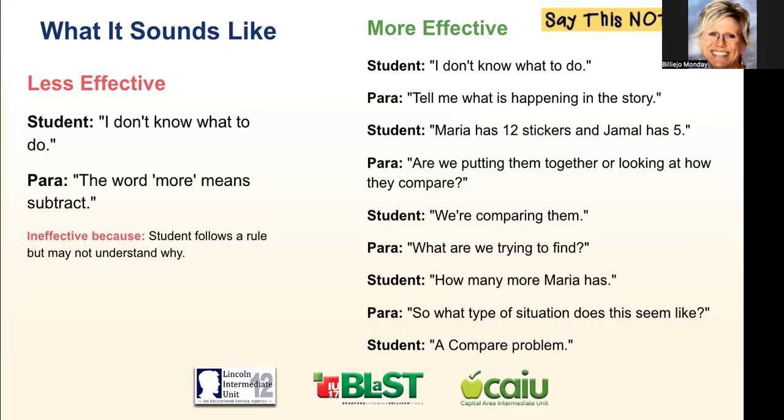And students can reply with, "We're comparing them." And then we are again prompting with, "What are we trying to find?" How many more Maria has? It could be their response. So, "What type of situation does this seem like?" we ask. And they say, "A compare problem."